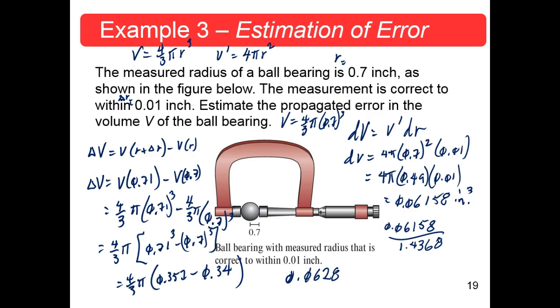If you actually did it, remember the V prime was 4 pi r squared dr divided by 4/3 pi r cubed. Without putting any values in, notice your pi's go away, the 4's go away, and all but one of the r's go away, and what you're left with is 3 dr over r.